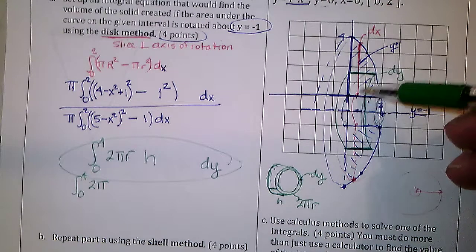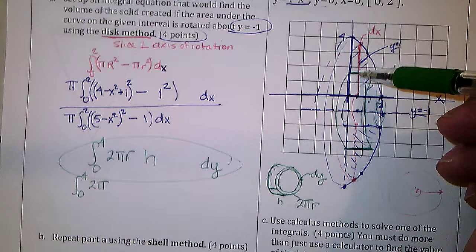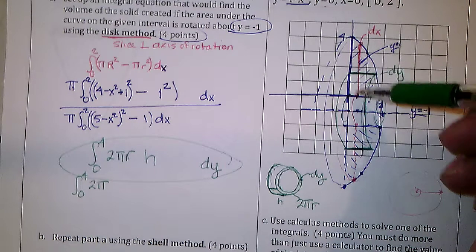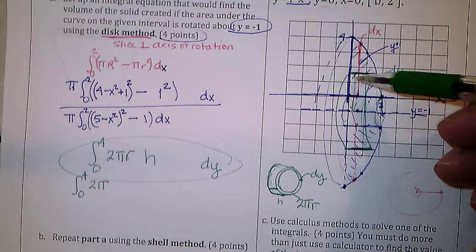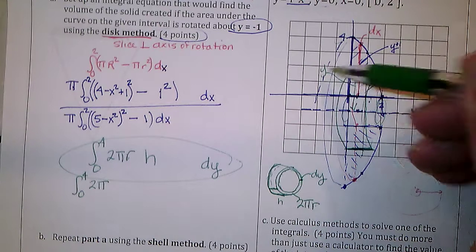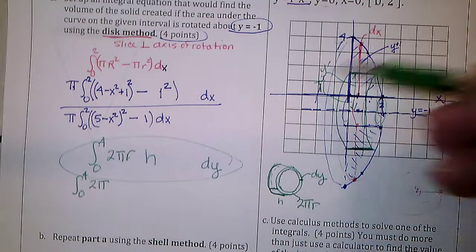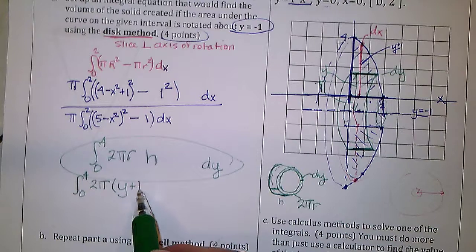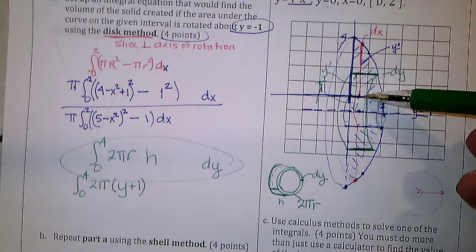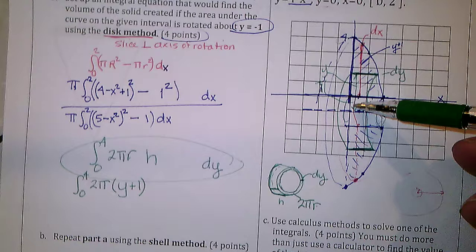The x-axis is here, so the distance up to here is just y. It's in the y direction. But I have to go clear down to here. So I have to do y plus 1. So my radius is y plus 1. If I spun around the x-axis, it would be just y. But since it's 1 below it, the radius becomes y plus 1.